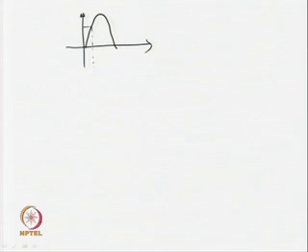if the output is like this, half period of the output we will consider, and relay switching takes place here suppose, then in that case we will have two segments.